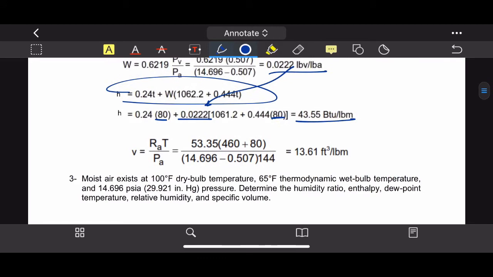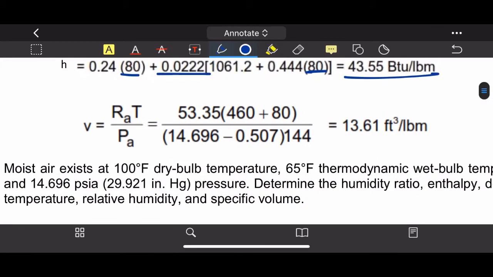Last is the specific volume. You can use the ideal gas equation and change the volume into specific volume, right? You can do this m over V, yeah, you can give a specific volume. So the equation, you change it and you have R, which will be given, and this is your T, change it to Rankine.